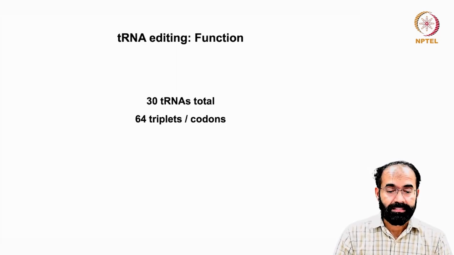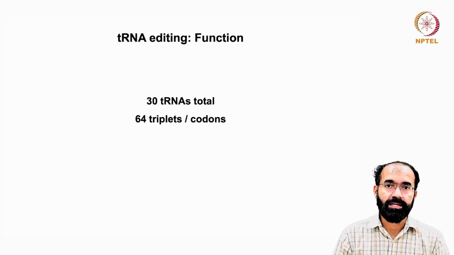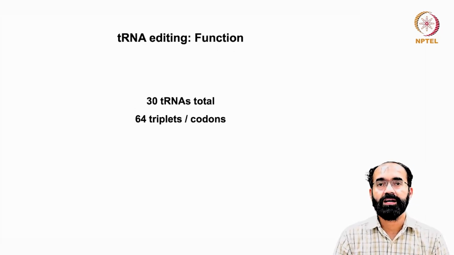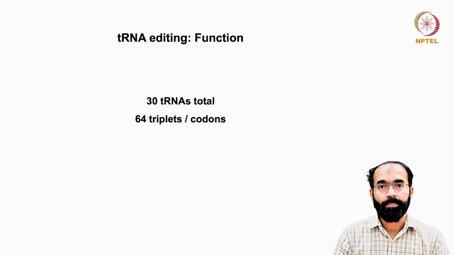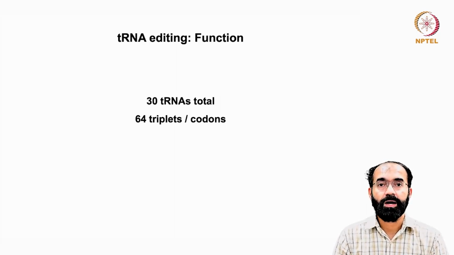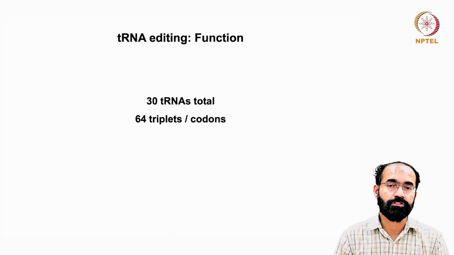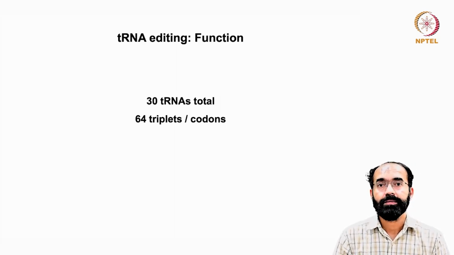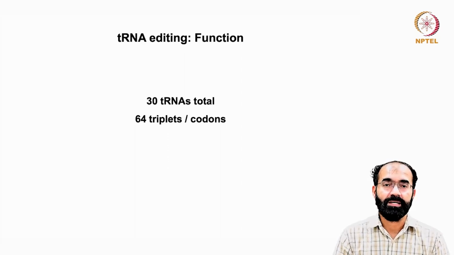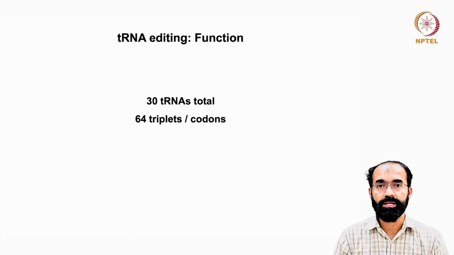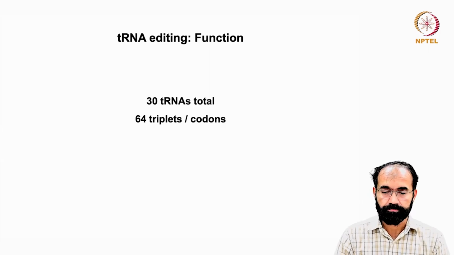So only 30 tRNAs are there. Of course, they are sufficient because we have only 20 amino acids. However, the diversity is useful because you have 61 codons that have to be catered to by 30 tRNAs. So this editing capability allows this variation to be brought in effectively.